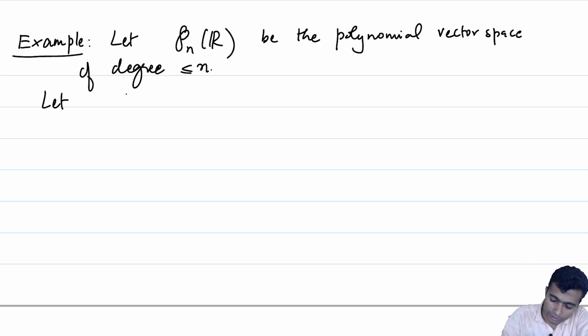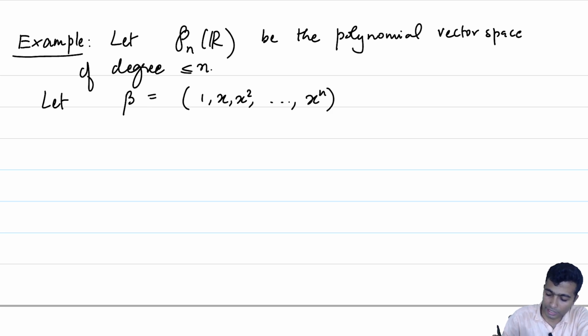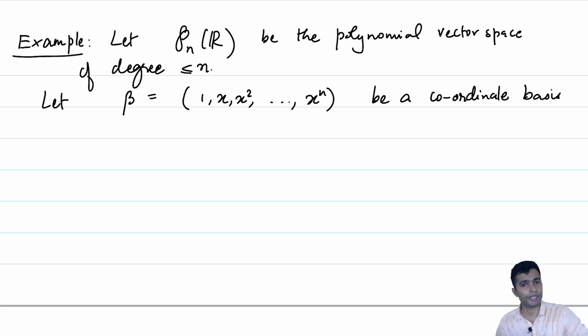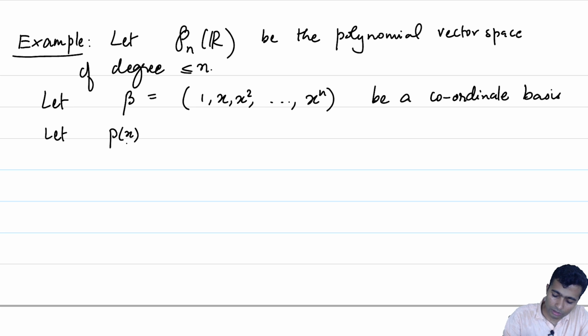Let beta be 1, x, x square, up to x to the power n, be a coordinate basis. So, in this particular order, it is a coordinate basis of Pn of R.